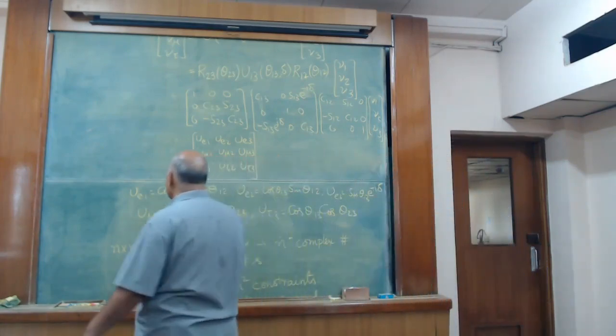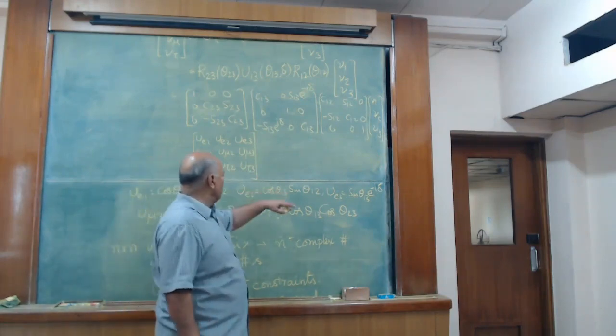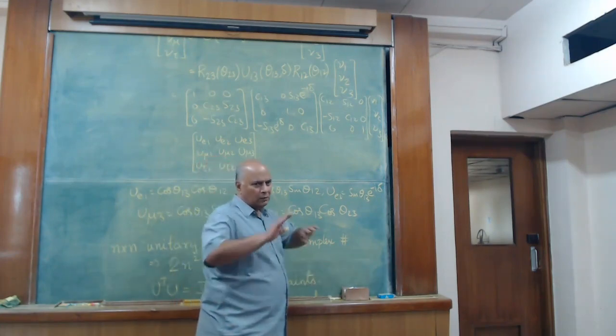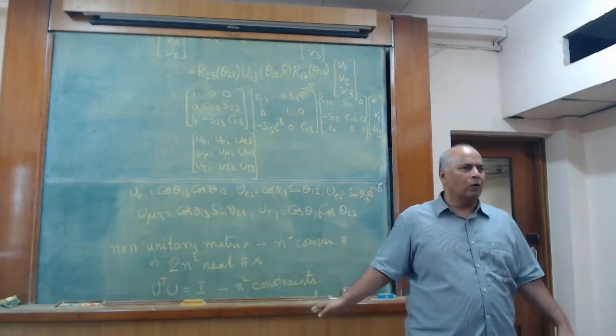So, in some sense, if I measure UE1, UE2, UE3, u mu3 and u tau 3, I can measure all the angles and also the phase.